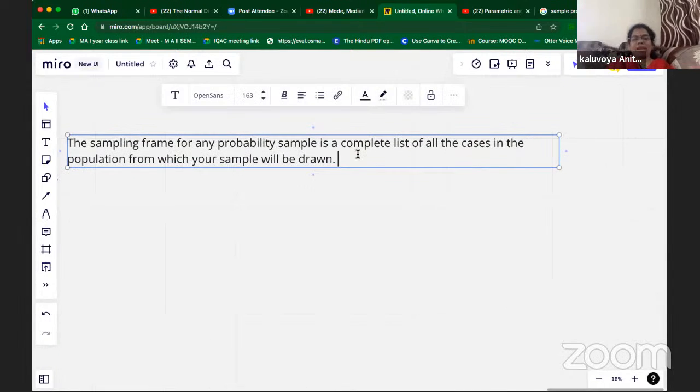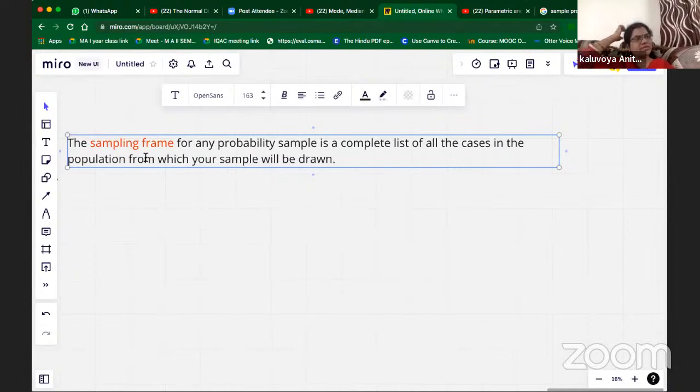Now a sample frame, which is an addition to what we are learning, so keep that in your mind also. Let us look at the meaning given to the sample frame. For any probability sample, it is a complete list of all the cases in the population from which your sample will be drawn. Population is everybody who possibly can be there, but you have a certain frame.